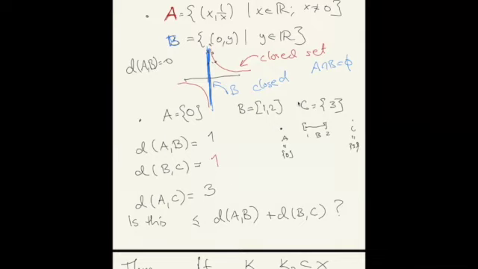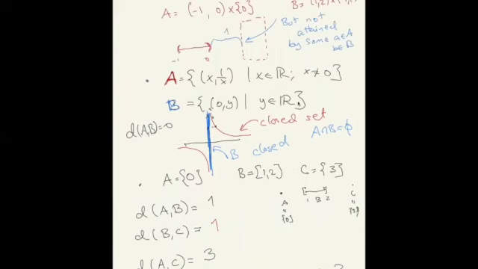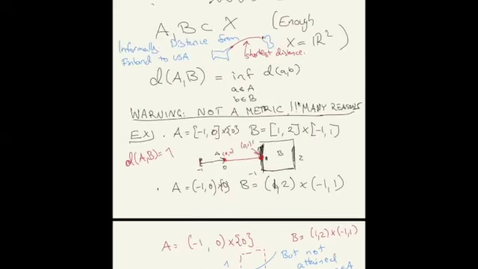So the question: is the triangle inequality true? Well, no. So no triangle inequality. You should be careful when you are using this term distance of sets, because disjoint sets can have distance 0, and there is no triangle inequality. In particular, this is not a metric.